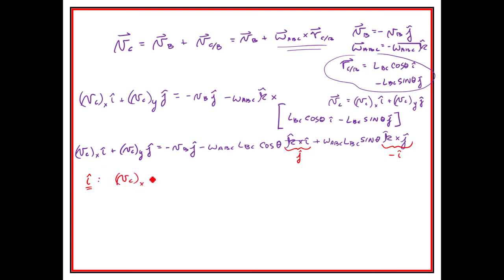V_Cx is equal to negative omega ABC L_BC sine of theta, and that's it right there, right? Because that negative is in the I direction.